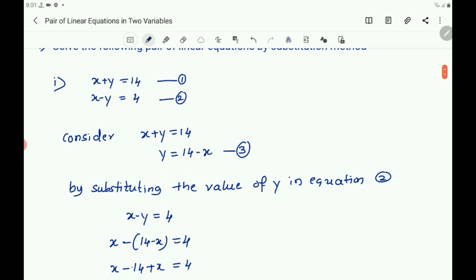Here x is 9, that becomes 9 plus 5, 14, and 9 minus 5, 4. 9 plus 5 is 14, 9 minus 5 is 4. So the values satisfy the equations.